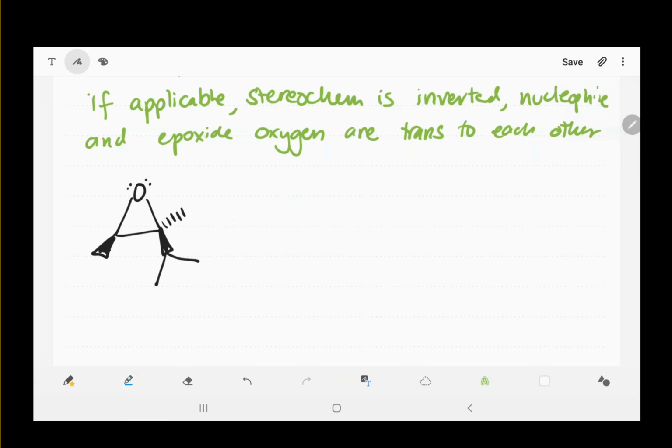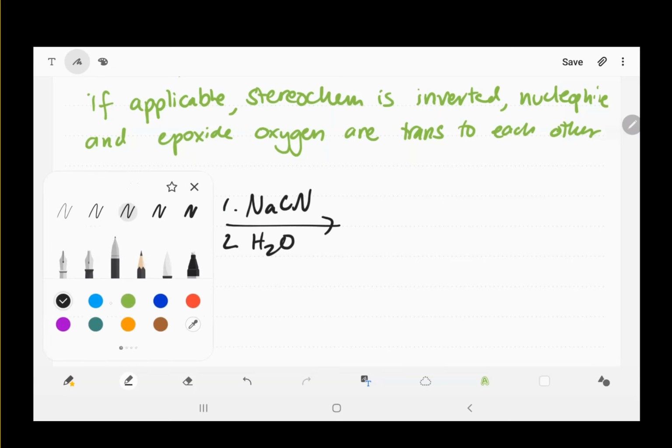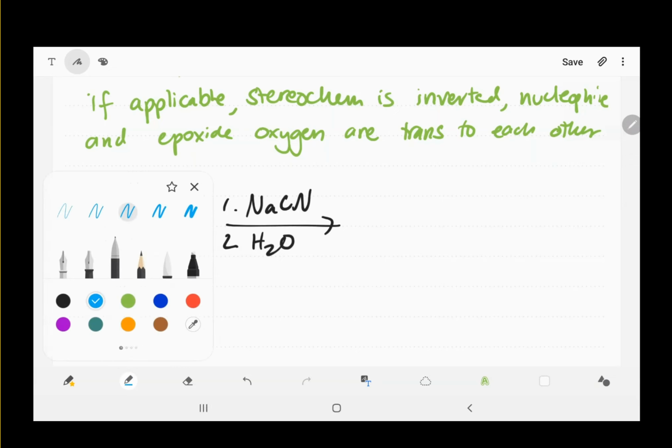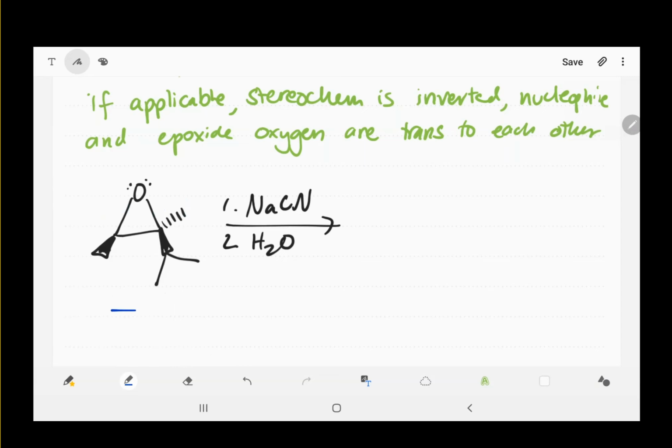Oops, wrong color. If we put in some sodium cyanide here, as an SN2 reaction, oh my goodness, we'll use dark blue for this.